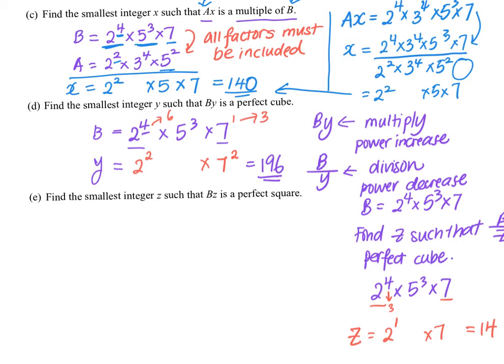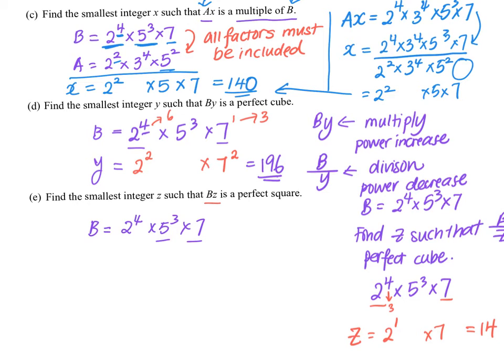Alright, now part Z, find the smallest integer Z such that it's a perfect square. Am I multiplying or dividing? Multiply, right? So when I multiply, the power will increase. B is already 2 to the power 4, 5 cube, 7. Which of these is not a perfect square? 5 cube and 7, right?